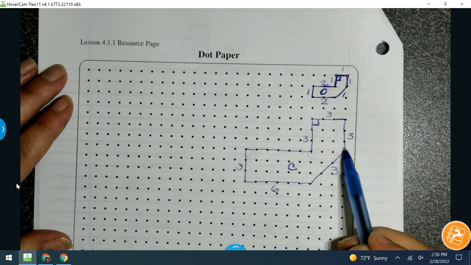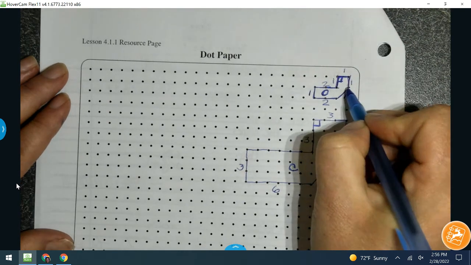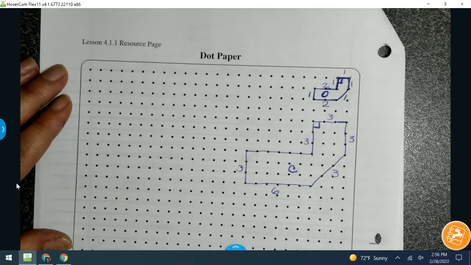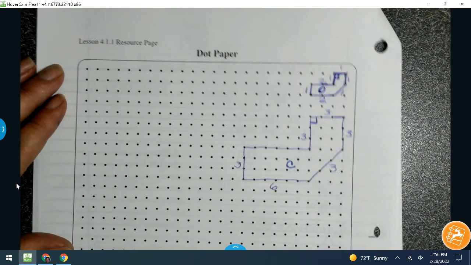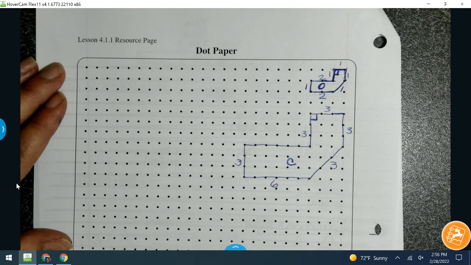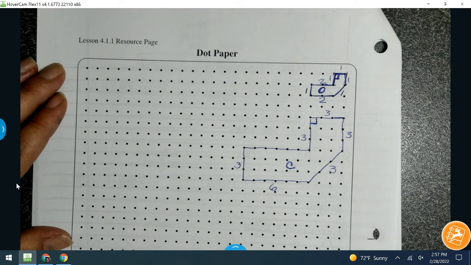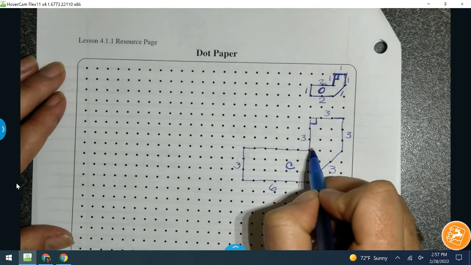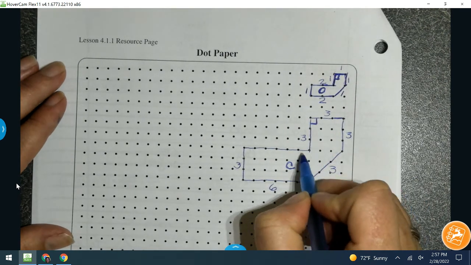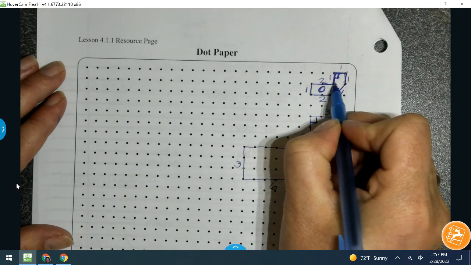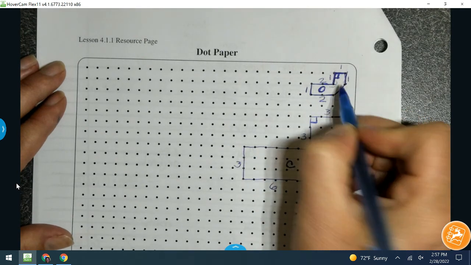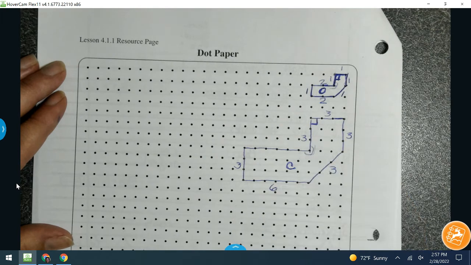What about this guy right here? And this guy right there? So in this case, when we're looking at those angles, are they the same or are they different? When I'm looking at these 2 figures, they both have equivalent angles. This guy right here matches this guy right here.